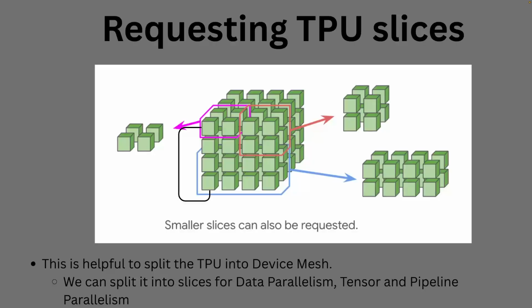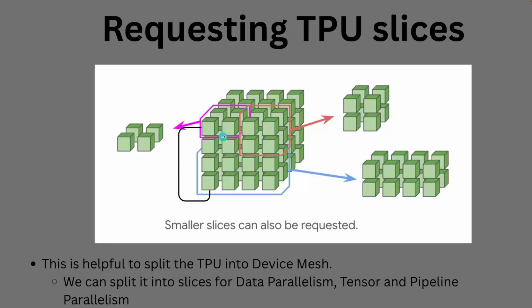You can break down your data into 4 subsets, and each of these slices will process different data points. And inside a data parallel slice like this red one, you can break it down into two subsets, and you can now break matrices and do tensor parallelism. In tensor parallelism, you break down matrices to reduce the number of activations.